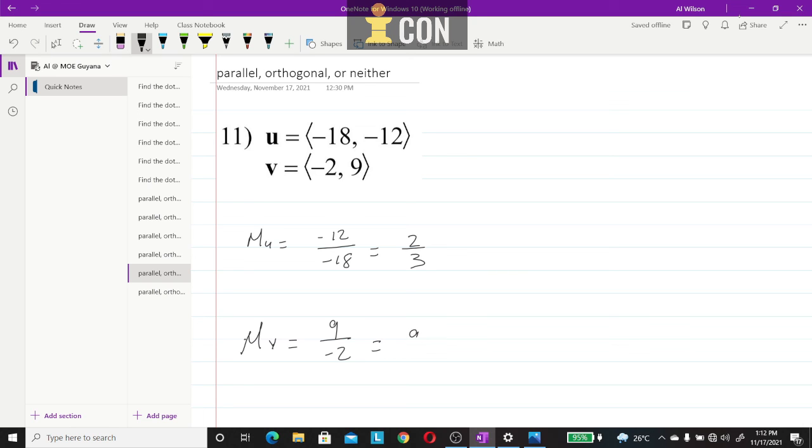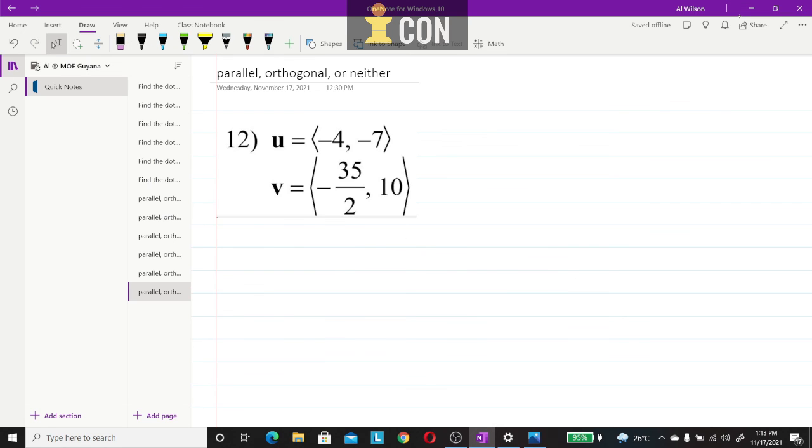Again, they're not equal to one another, and they're not the negative reciprocals of each other. So this is another neither.